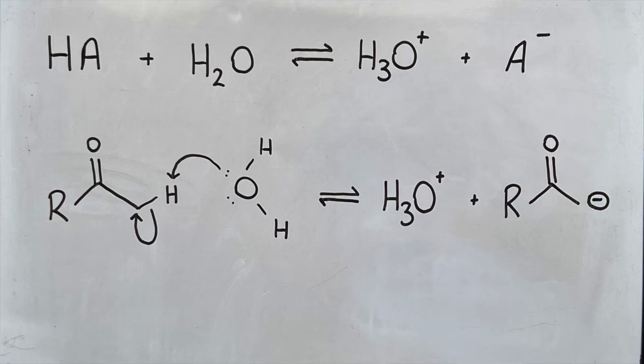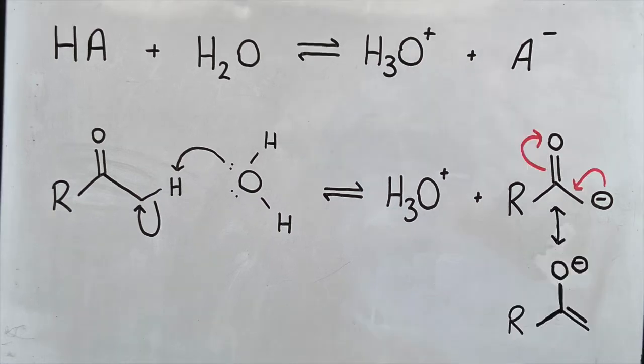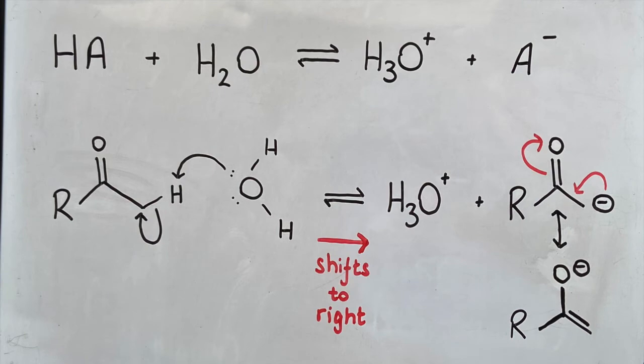In the acid equilibrium for this carbonyl compound, the conjugate base has a negative charge on the carbon atom, which can be delocalized into the carbonyl pi system as shown here. The negative charge is now on the more electronegative oxygen atom, which is far more favorable. Since our conjugate base is stabilized, the equilibrium will shift to the right-hand side, so the carbonyl compound is pretty acidic.